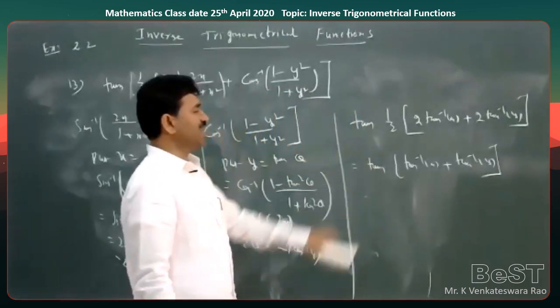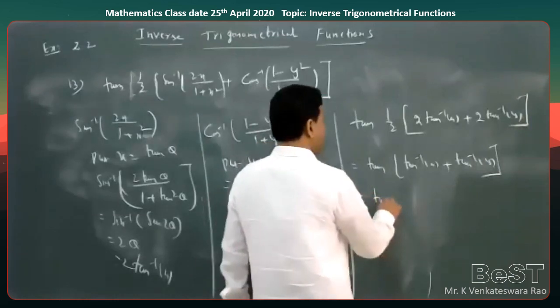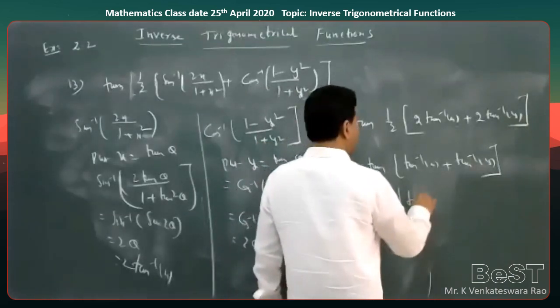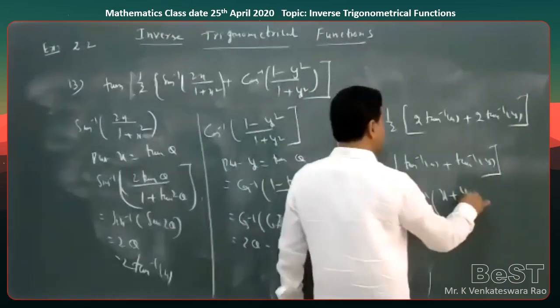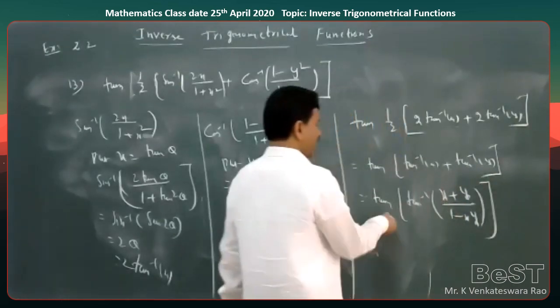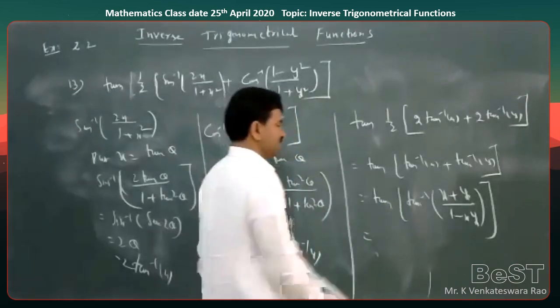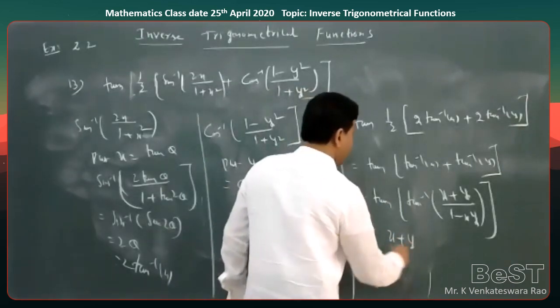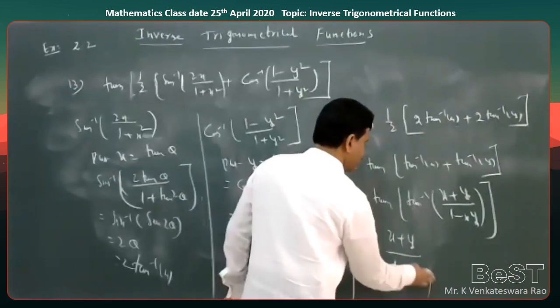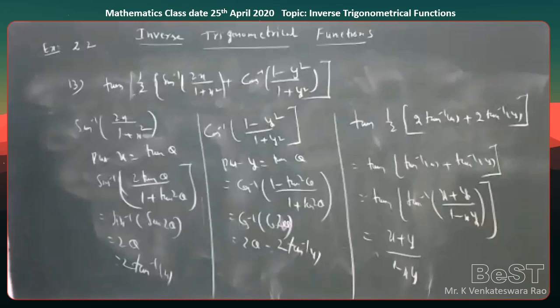Write that formula: tan inverse of x plus tan inverse of y is tan inverse of (x plus y) by (1 minus xy). Tan of tan inverse of x is always x. So this is (x plus y) by (1 minus x into y).